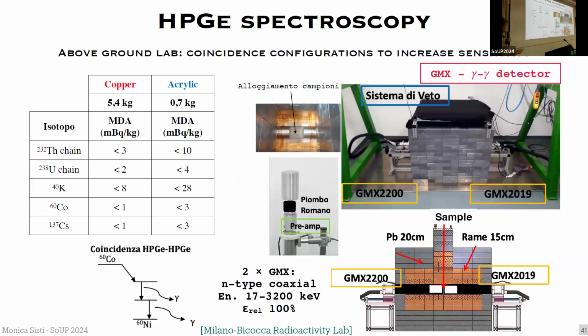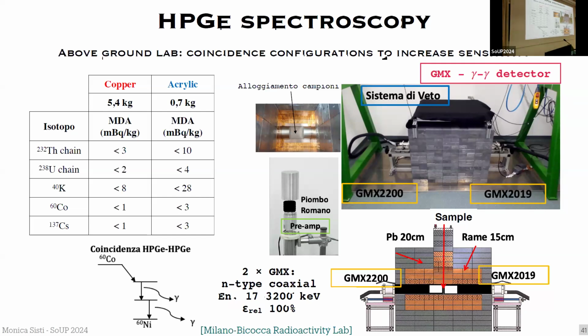Very quickly, I just want to show you, if you don't have an underground laboratory but a laboratory at sea level like we have in Bicocca, you try to reduce the background in all possible ways. For example, we have this measuring system with two gamma spectrometers, germanium detectors facing one another, and you put the sample in between, and by using the anti-coincidence, you can reach quite good sensitivities.